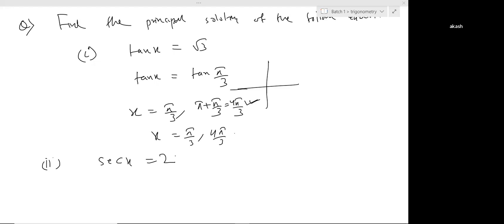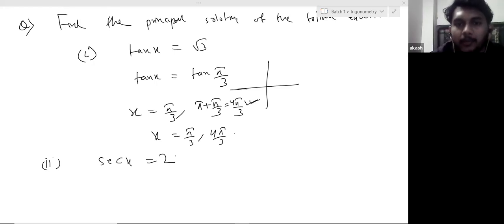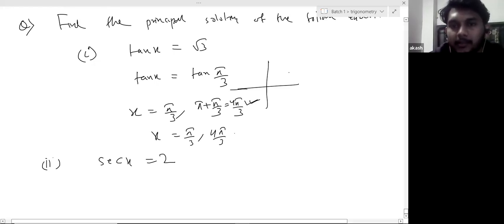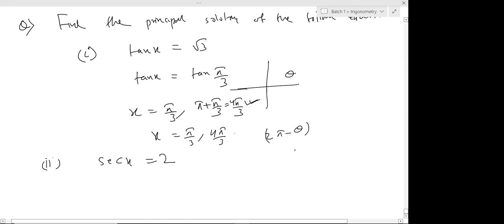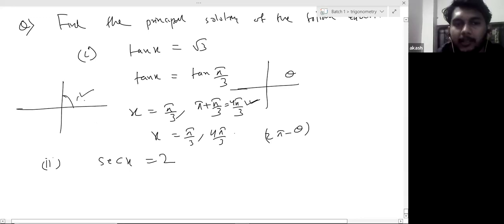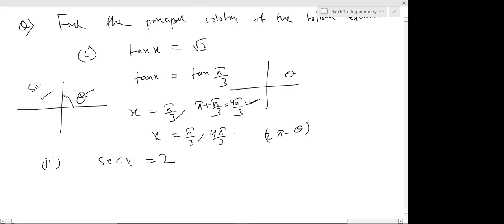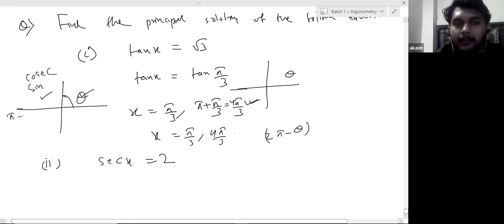Right, Shreya, in the fourth quadrant, sec is also positive. So if theta is the angle, then in the fourth quadrant, you have to write 2 pi minus theta. So how do we know it's pi and 2 pi? See, in the first quadrant, you will get theta. If it's in the second quadrant, like sine and cosec, then pi minus theta, because this line is pi.